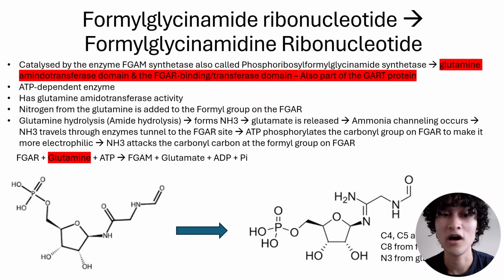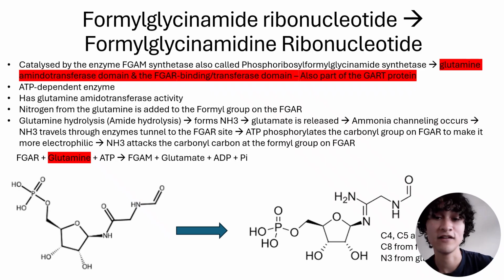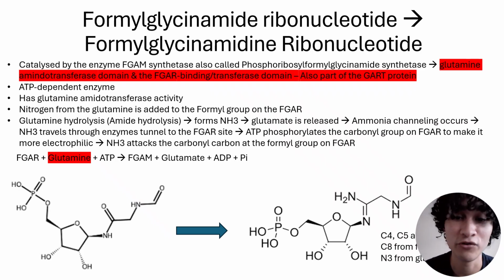The products are FGAM, plus glutamate, plus adenosine diphosphate, plus inorganic phosphate, because as we know, those phosphates are used as leaving groups. Upon the amine group binding with that carbonyl carbon at the formyl group, the inorganic phosphate that's been transferred from ATP will leave, so we'll get that as a byproduct. It's really important to include that when you're doing these chemical equations to show you understand what's being used, what's being changed, and what's being given off as a byproduct.